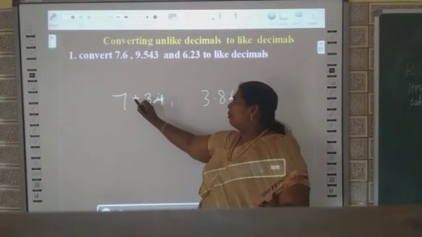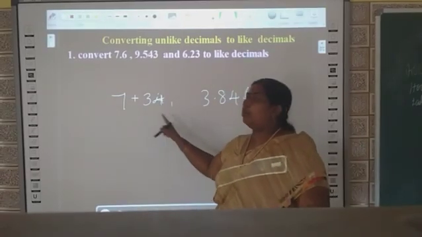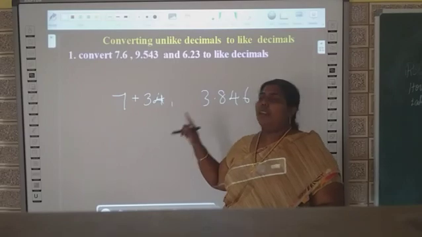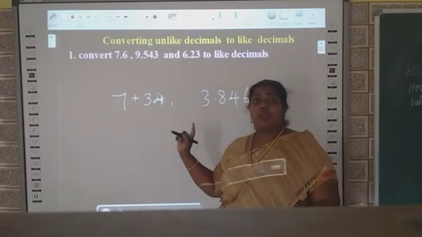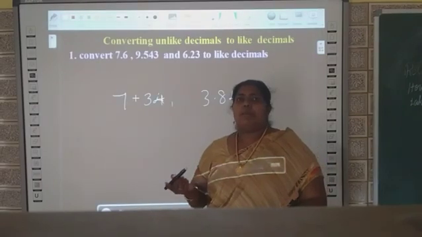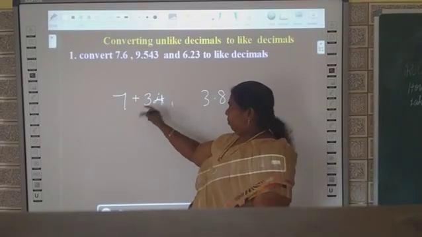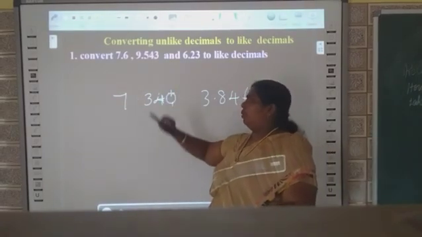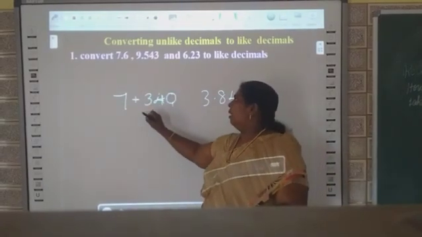Now you check: after the decimal point, here two numbers, here three numbers. It is an unlike decimal. Now we are going to convert it into like decimals. Like decimals means the number of decimal places is the same, isn't it? See here, what do we have to do? We have to add one 0. That's all.